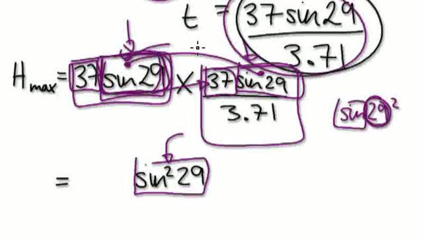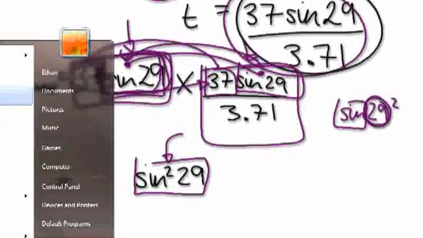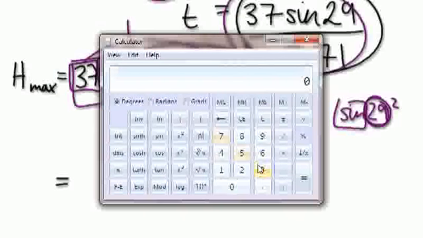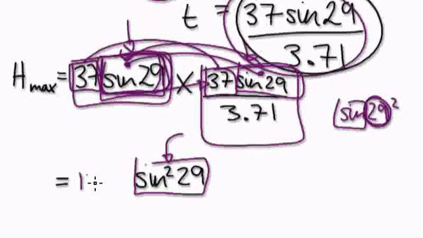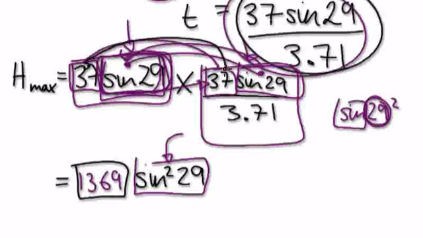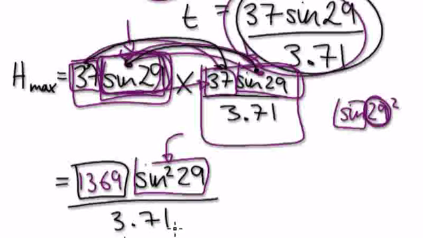So anyway, this times by this, and now 37 times 37. Let me jump to my calculator. 37 times 37 equals 1369. So basically 37 times 37, sine 29 times sine 29 over 3.71.